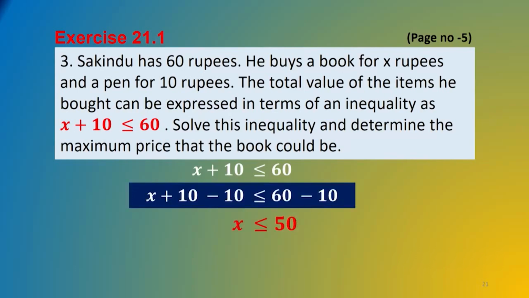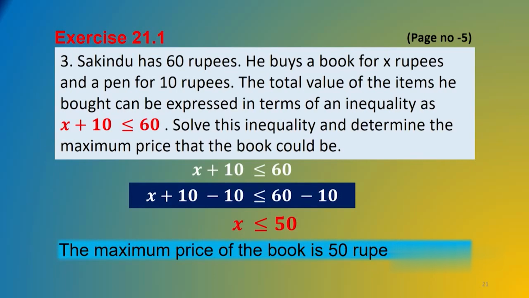That means when we remove plus 10, it comes to x is less than or equal to 60 minus 10, 50. Here they ask to determine the maximum price that the book could be. X is equal to 50 and also less than 50. So you can take the maximum price of the book as 50 rupees.